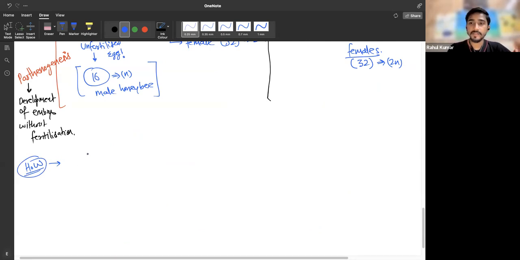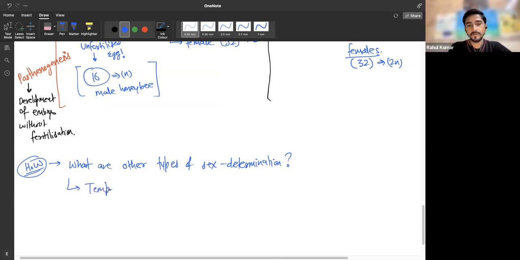Apart from genetic and haplodiploidy sex determination, what are other types of sex determination? When you Google this, you will find that there is one called temperature dependent.